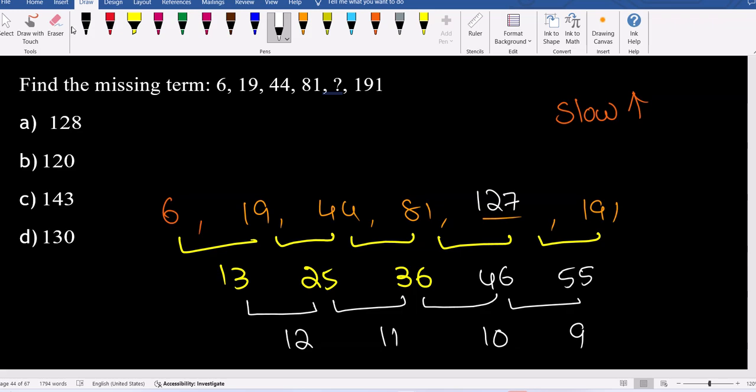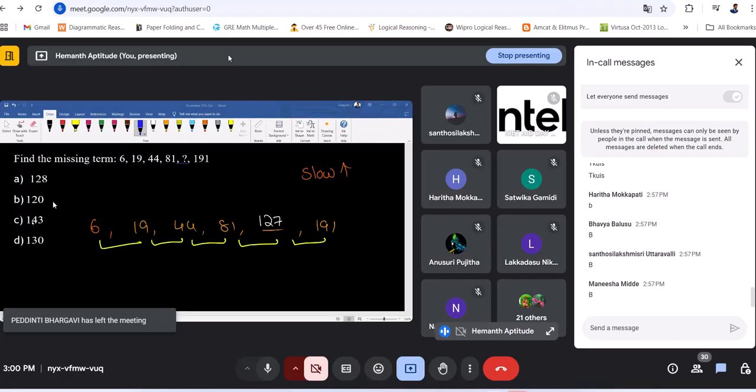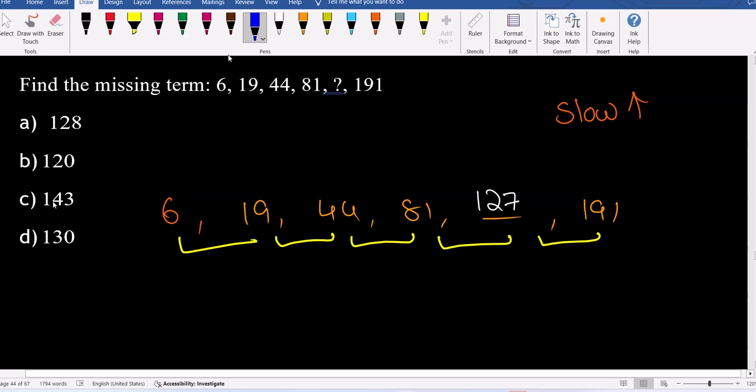So then multiply by 2 plus something, multiply by 2 minus something. It's all in the range of 120 and 140 only. So what can be done? Slow increasing, differences we handle. 6, 19, 44, 81, 191. Okay, 13 gap, fine.